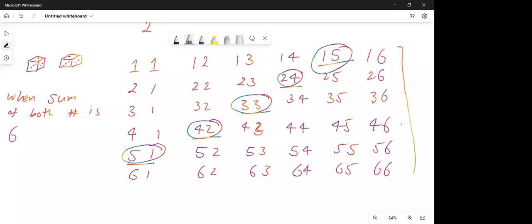And how many outcomes are there in total? These are 36. If you count them, they are 36.